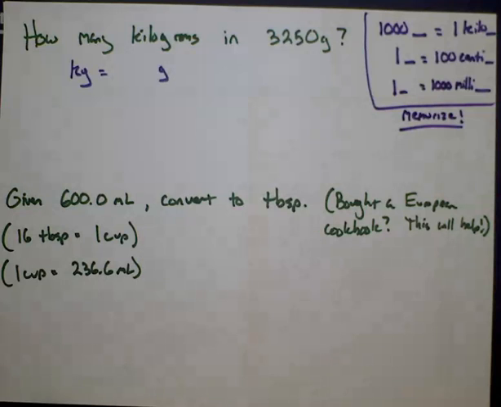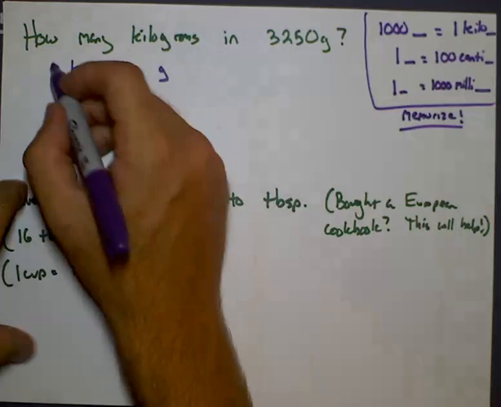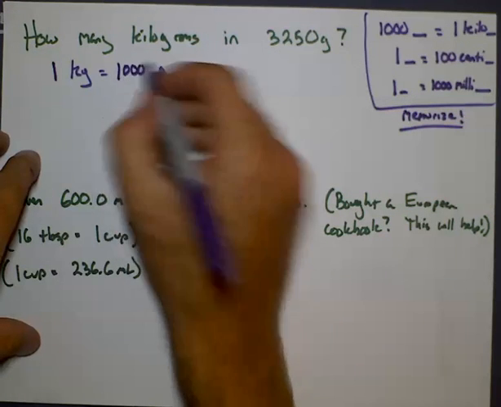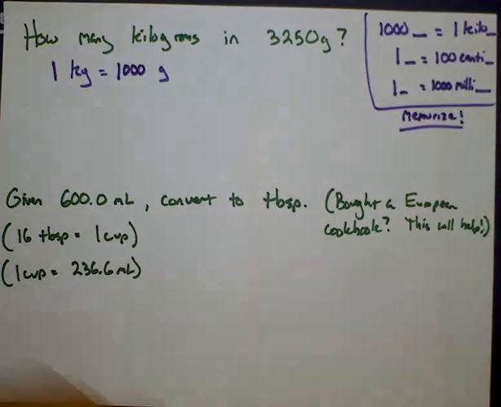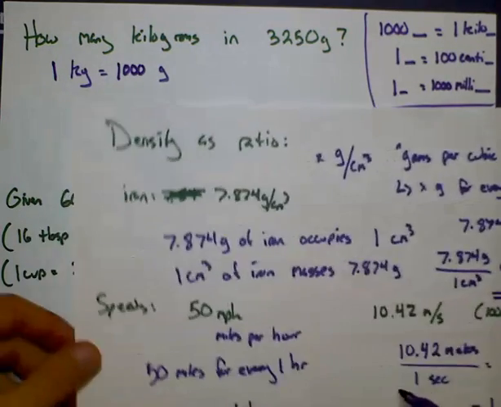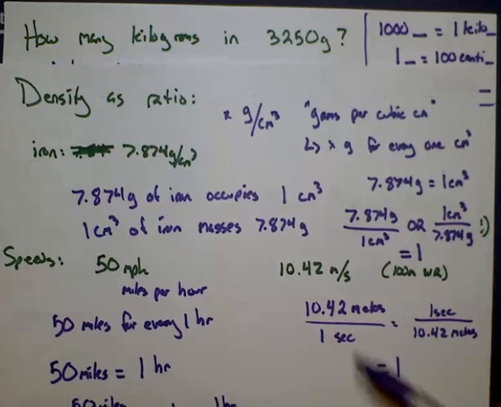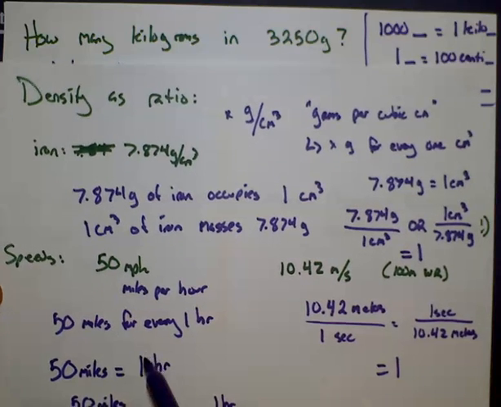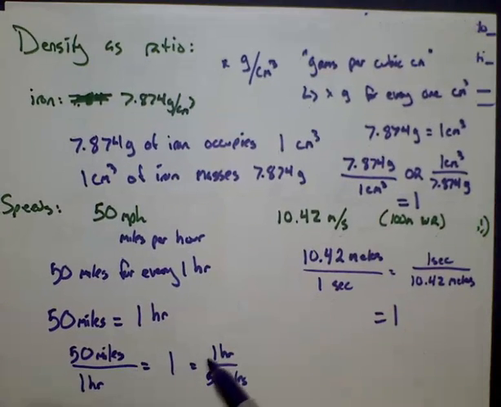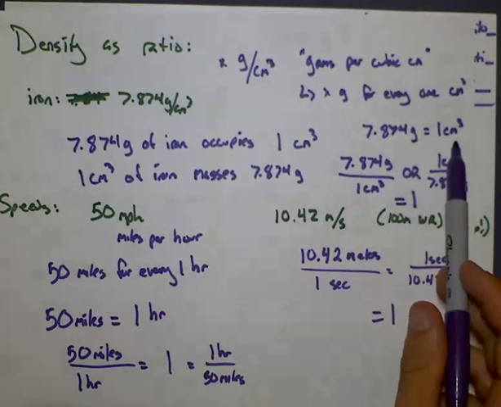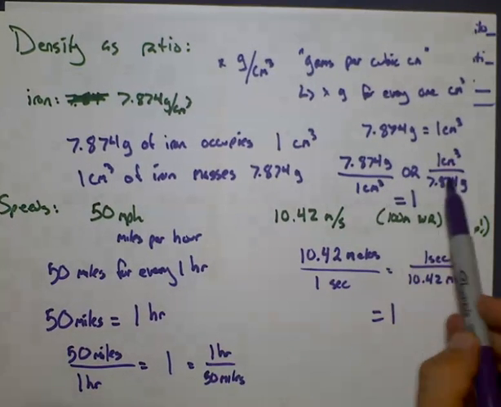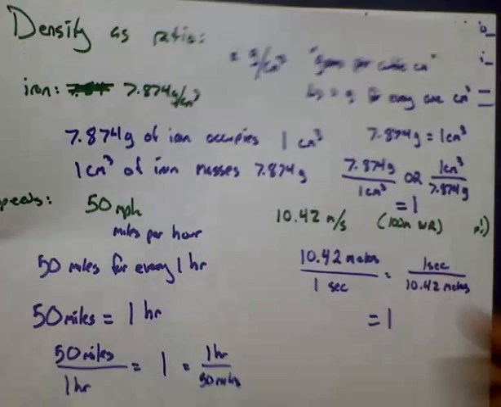Okay, so I know that 1 kilogram is 1,000 grams, so like I was talking about with our density or our speed, what I can do is take that ratio, or that equality, and turn that into a set of fractions. If that number of grams equals that many cubic centimeters, I can turn them into a set of fractions to use.